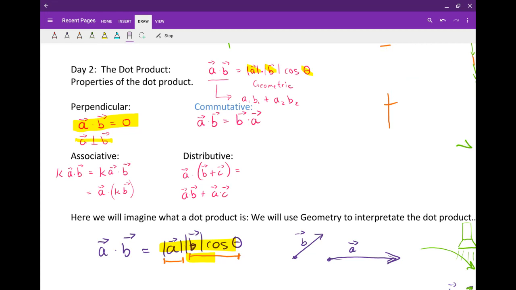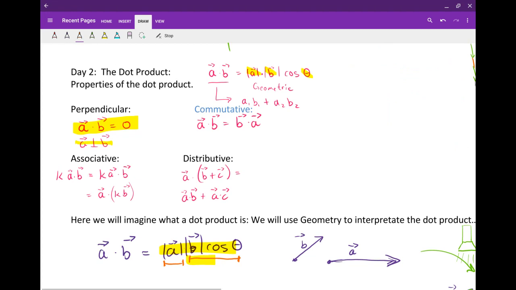So if I happen to have some vector A that was this way, 2 at 60 degrees, and then some vector B, which is maybe this way, 2 at 30 degrees, then the dot product of A dot B would be 2 times 2, because the magnitude of A, magnitude of B, times the cosine of 60 minus 30, right?